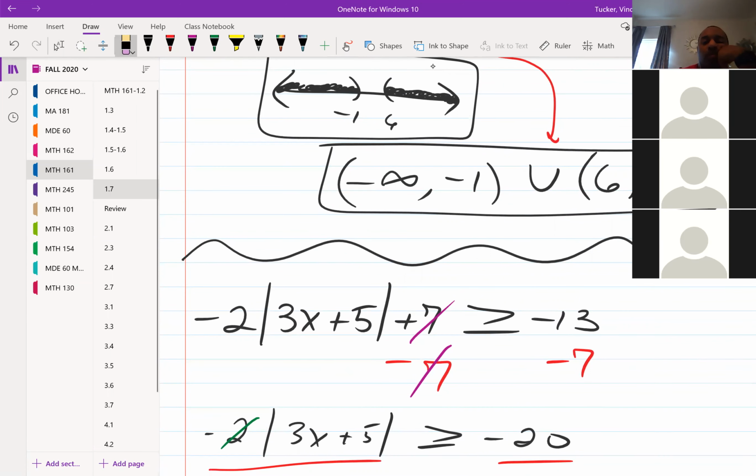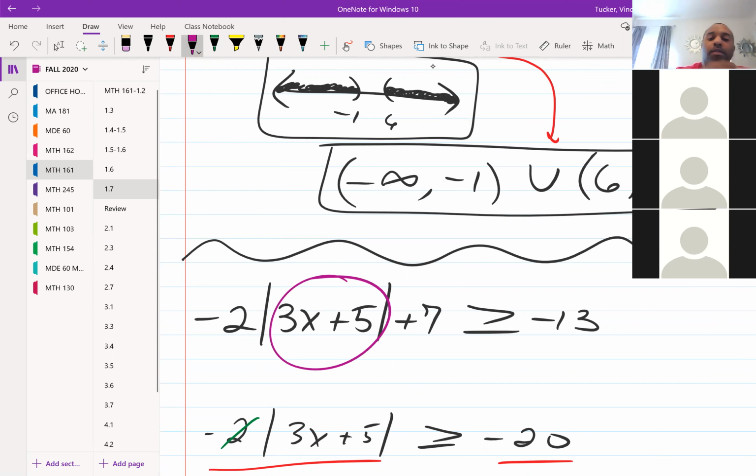All right, so this next one, we have negative 2 times the absolute value of 3x plus 5 plus 7 greater than or equal to negative 13. So we want to isolate or get the absolute value of 3x plus 5 by itself.